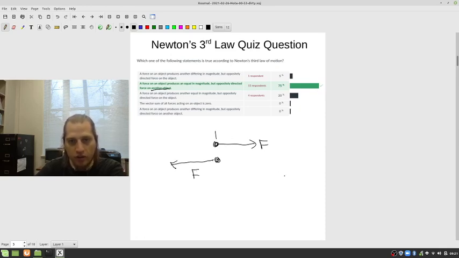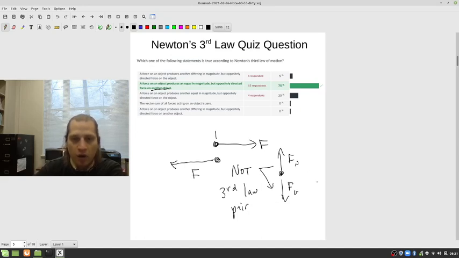So the thing to notice, for instance, is that even if an object is just sitting on the floor and the normal force and the gravitational force are on that object and they have the same size, they're in opposite direction, these are not a third law pair.